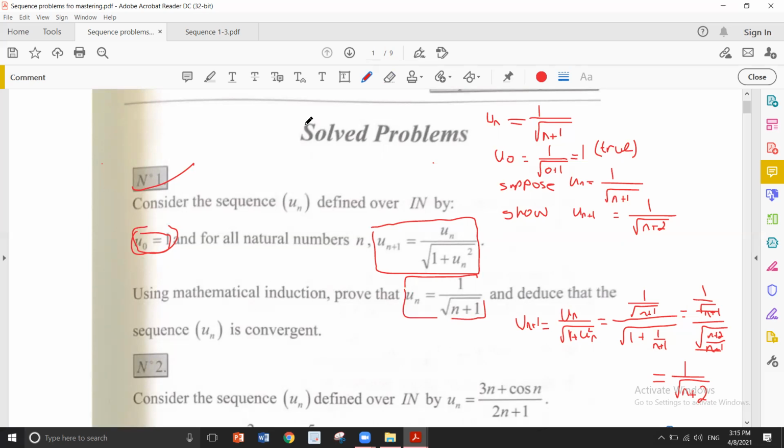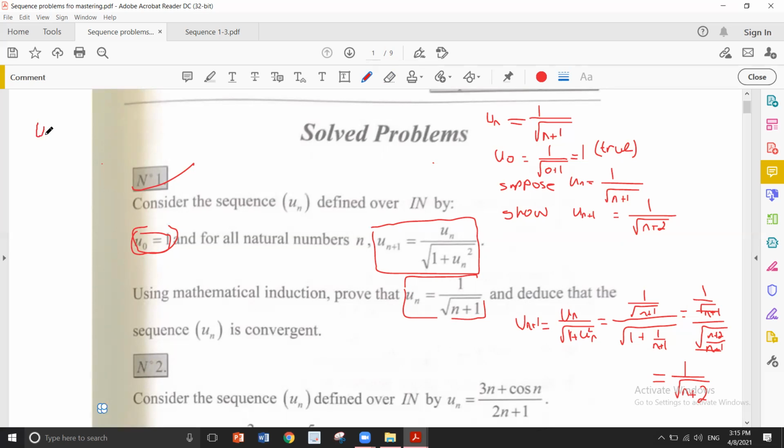How to deduce that it is convergent? Simple.